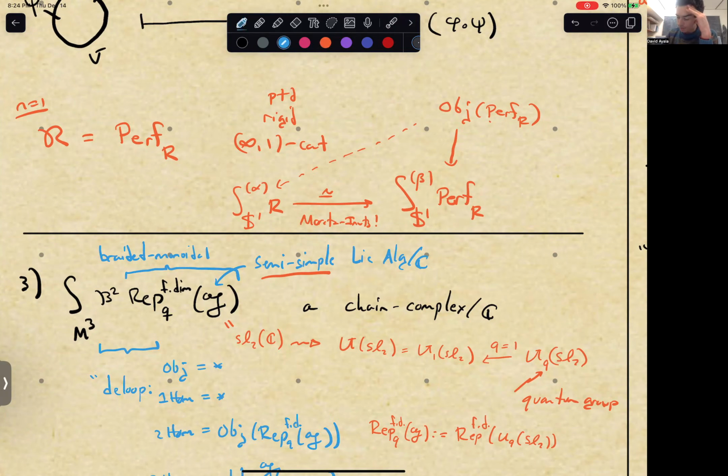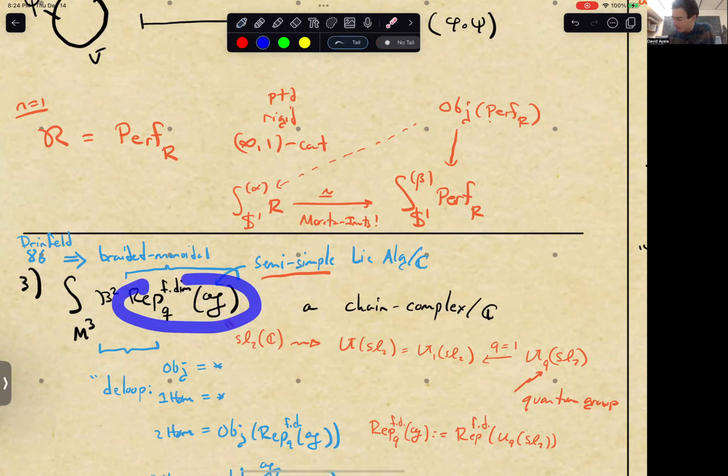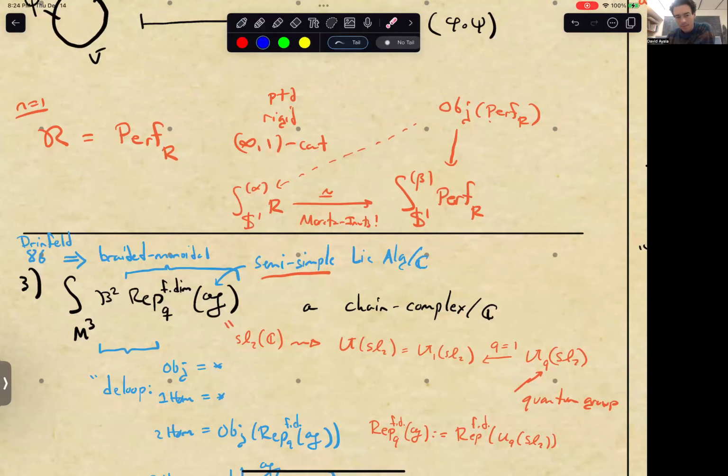A theorem of Drinfeld from, I think, '86 implies that this category of finite dimensional representations for this Hopf algebra has the structure of being braided monoidal. And as you recall from an earlier discussion, that's synonymous with saying E2 monoidal.